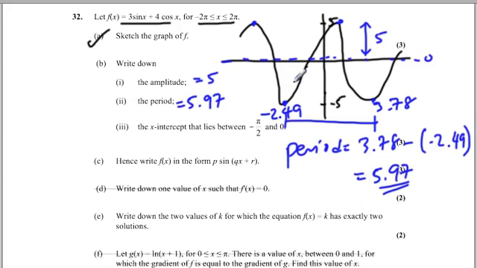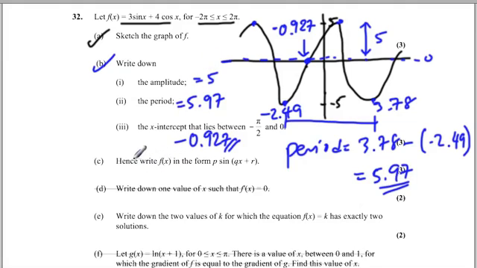So choose your left bound, choose your right bound, and the point that I'm getting, which is this point right here, is negative 0.927. So the x-intercept here is negative 0.927. And again, you can just pretty much use the graphing calculator to get this.